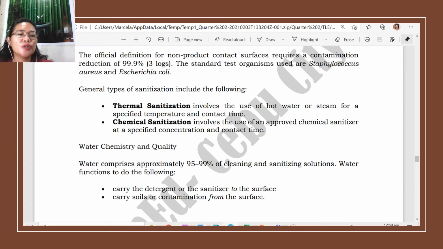Okay, so water comprises approximately 95 to 99% of cleaning and sanitizing solutions. Water functions to do the following. Number one, carry the detergent or the sanitizer to the surface. Then carry soils or contaminants from the surface.